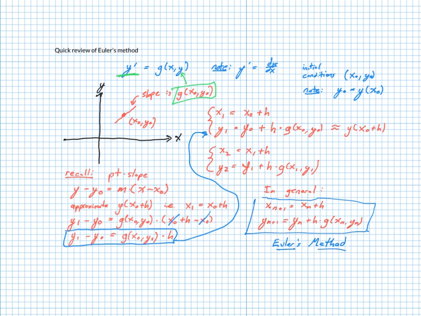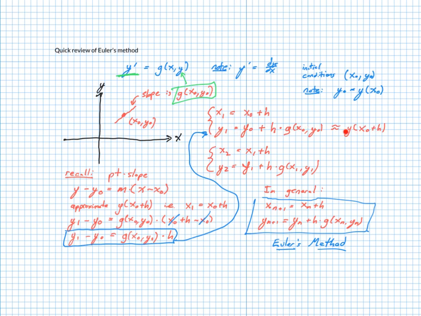Okay, so the next thing we want to do is now improve Euler's method. You remember that after the first step, this is the approximation of x naught plus h. That's the first approximation. So I'm going to write that in red. Y naught plus h times g of x naught comma y naught, because we already have an approximation for that value.